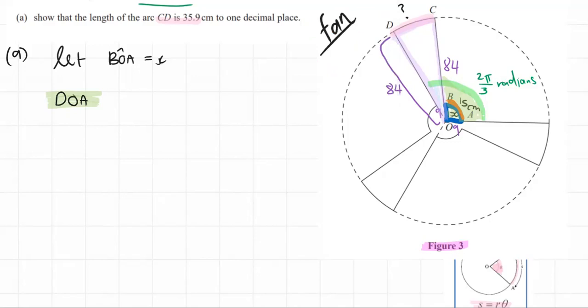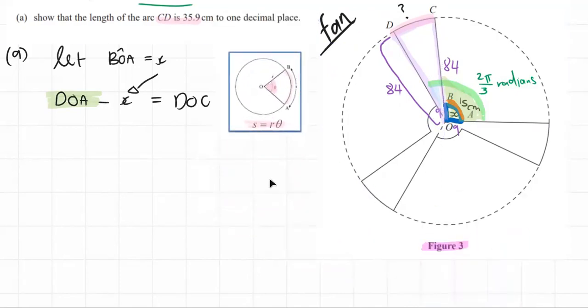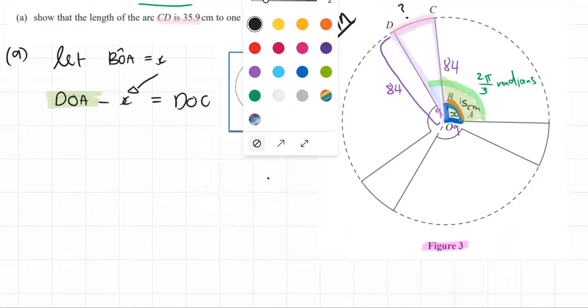We want only this. So DOA minus our x is going to be equal to angle DOC. DOC is the angle we need in order to use our arc length rule.